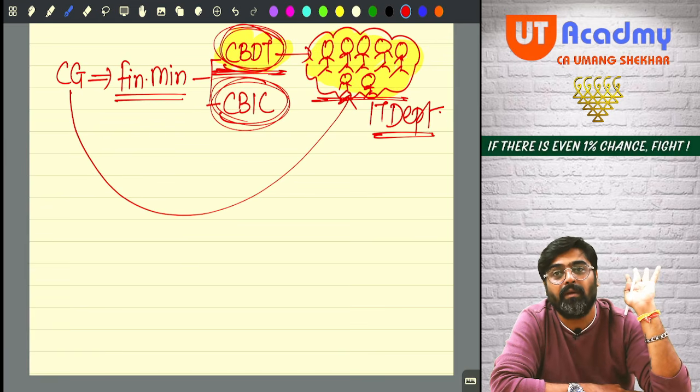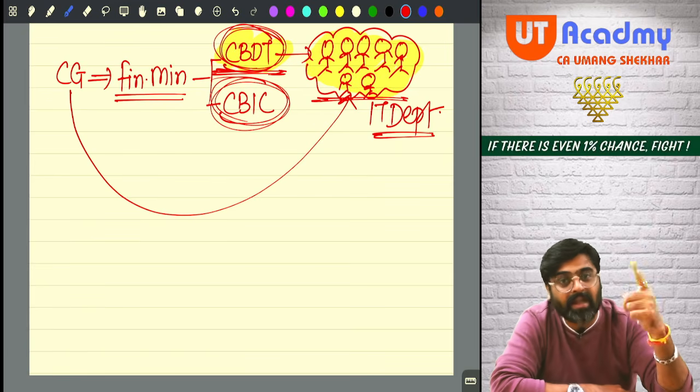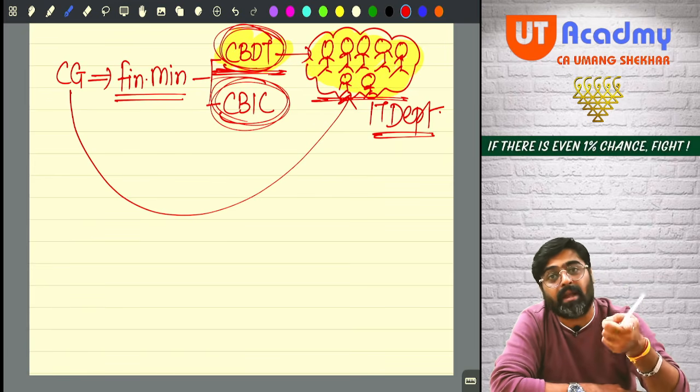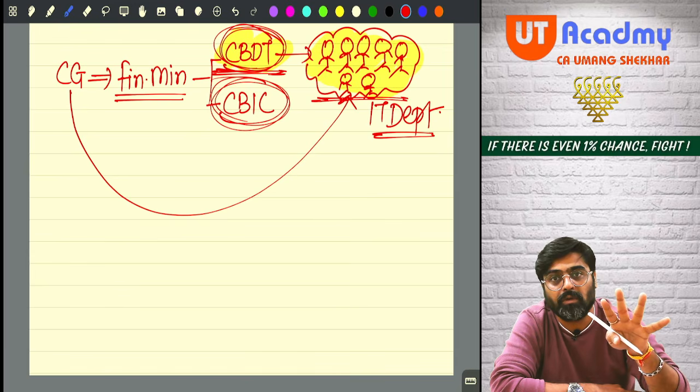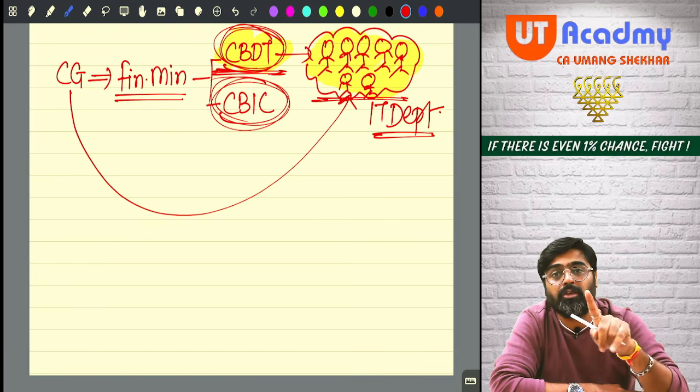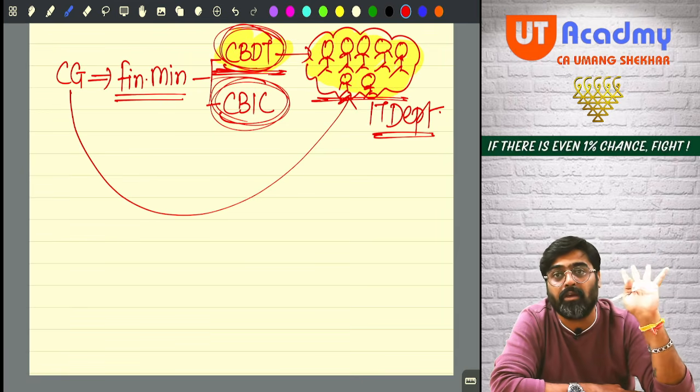Getting my point? And while implementing the income tax law through the Income Tax Department, its officers might come across certain confusion, certain doubts. So CBDT issues clarifications in the form of circulars, which are binding on the department and its officers. Got it?